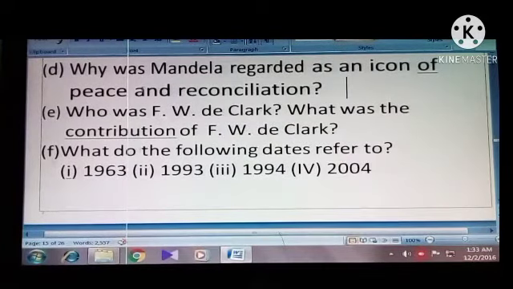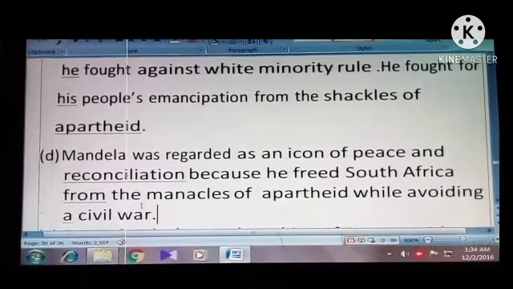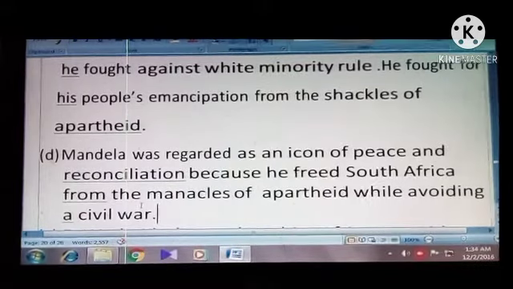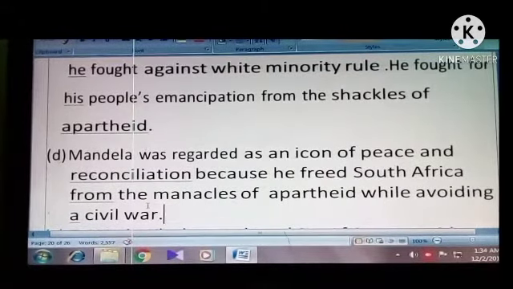Question number D: Why was Mandela regarded as an icon of peace and reconciliation? Mandela was regarded as an icon of peace and reconciliation because he freed South Africa from the manacles of apartheid while avoiding a civil war.